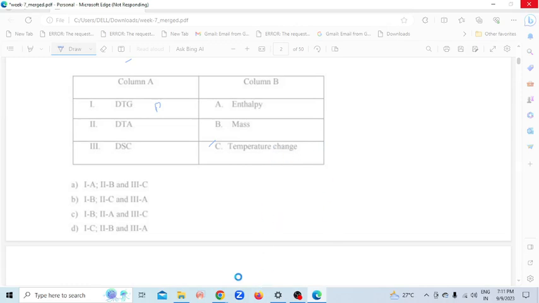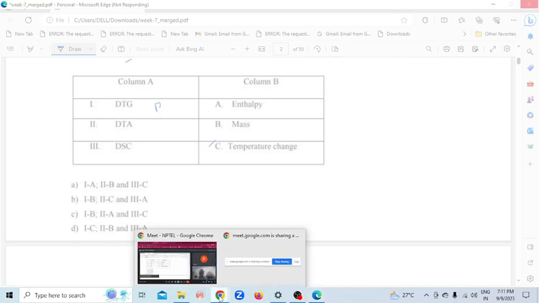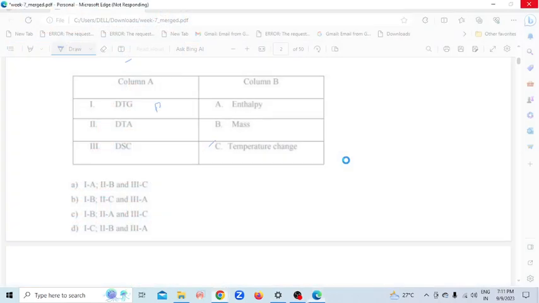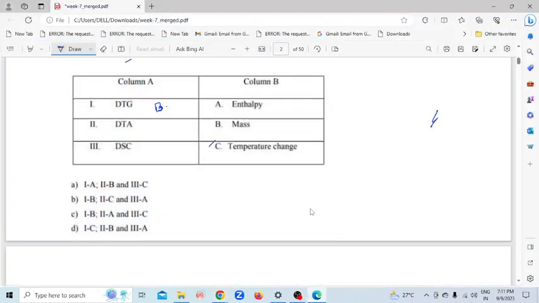Then DTA, differential thermal analysis, will measure temperature change, C. And last, third, DSC will measure enthalpy. So BCA is our right answer. So B will be the right answer of this question.